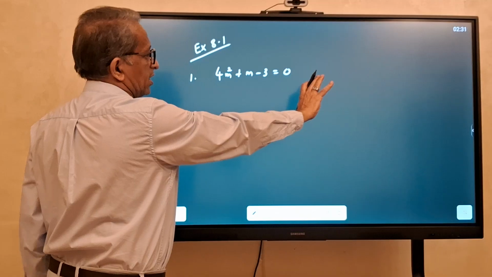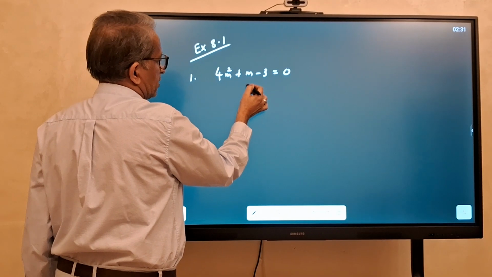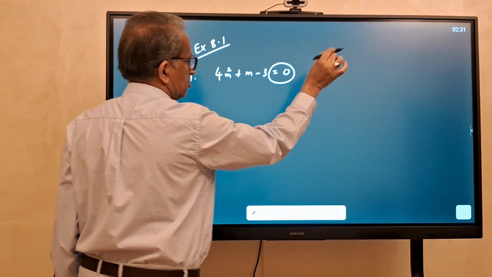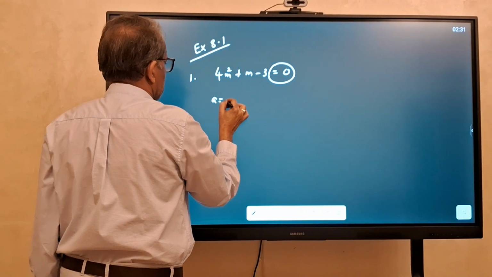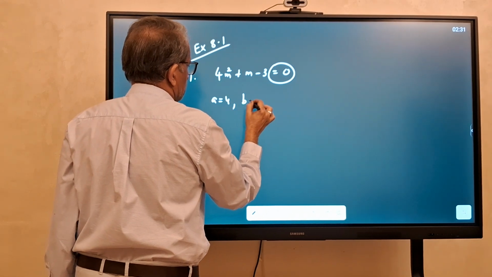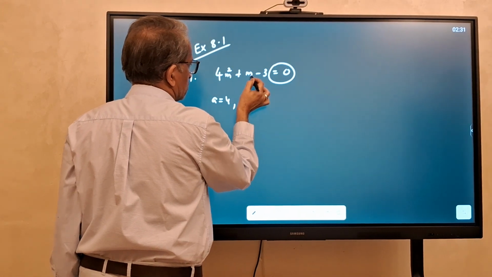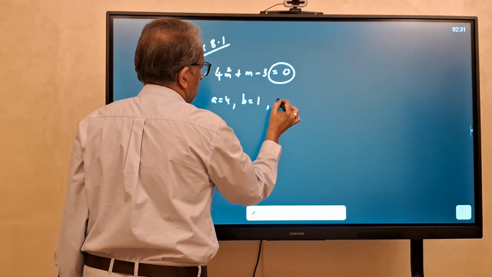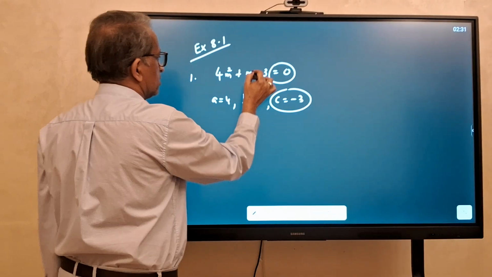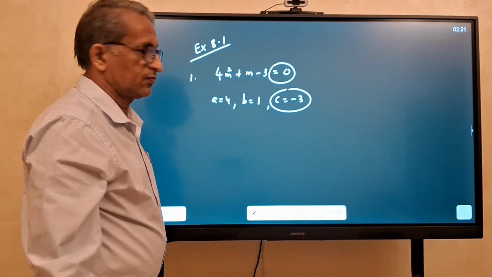It is already in the standard form, ax square plus bx plus c equal to 0. Right hand side we have a 0, no issue. So a is 4, the number with m square, b is 1 because no number means 1, and c is minus 3, not plus 3 because you have a minus here.